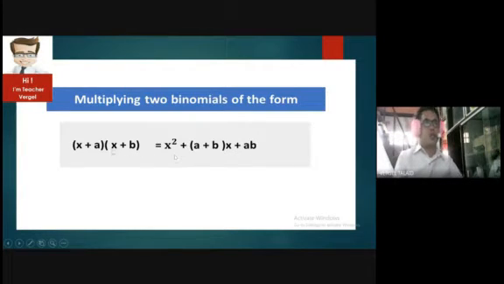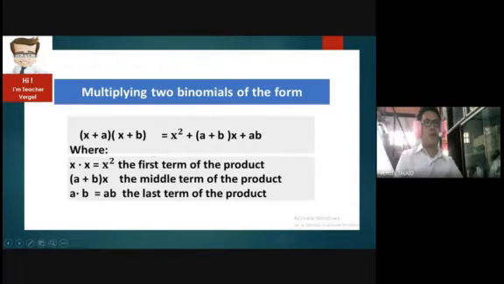We've noticed that multiplying two binomials of this form gives us a trinomial product, where the first term is the product of x and x, the first terms of the two binomials. So x times x is x squared.